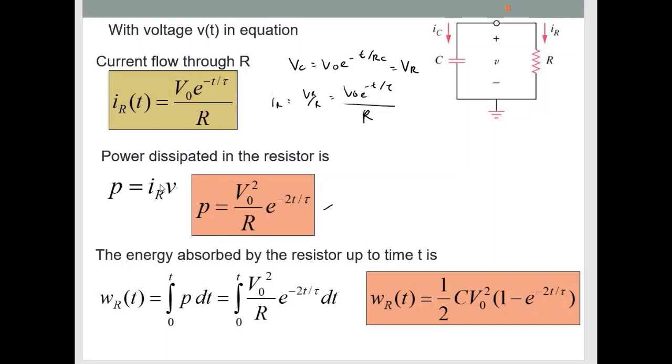And then if we do some integration here, we will get this formula, half CV squared (1 minus e^(-2t/tau)). You can try by yourself how to derive these, but this is the straight formula that you can use if the question asks about power and work or energy.